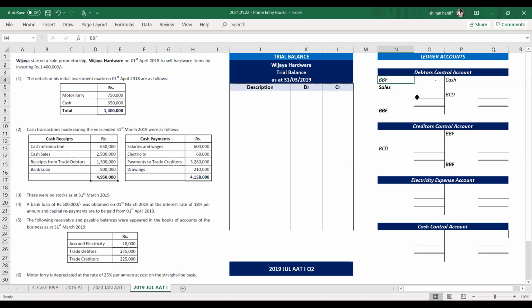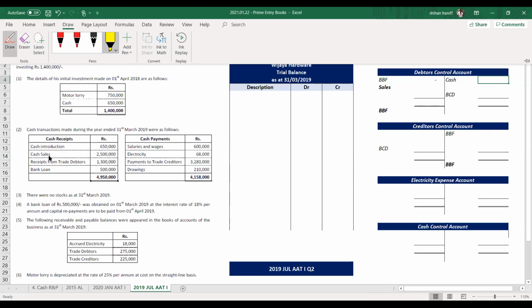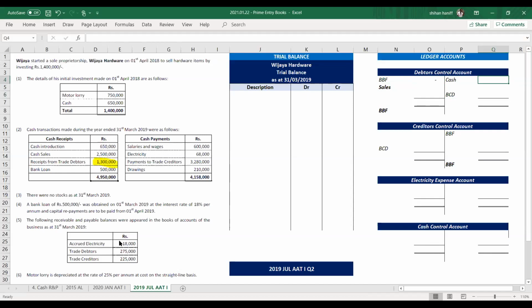So in a debtors control account, these are the four main transactions: opening and closing balance, cash, and sales. So the cash amount is given. Received from trade debtors 1.3 million. Closing balance 275.